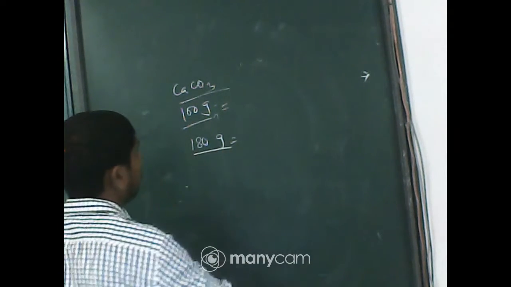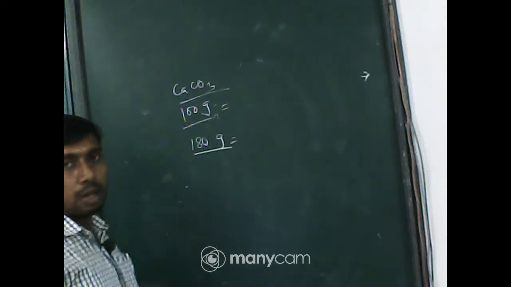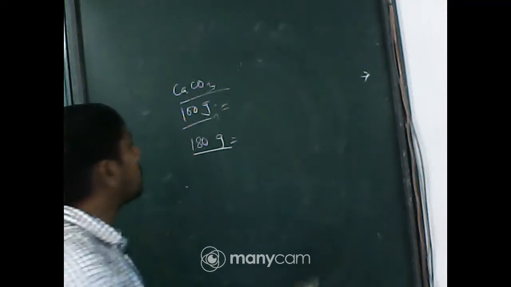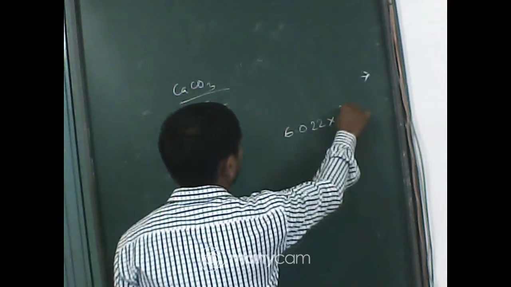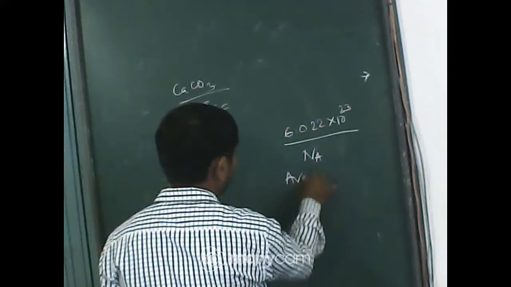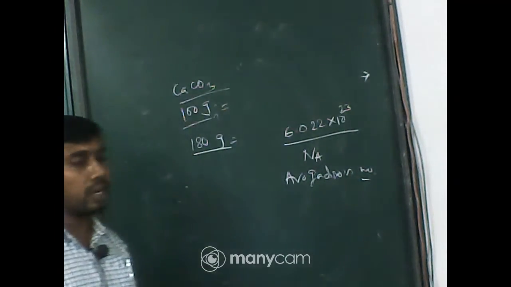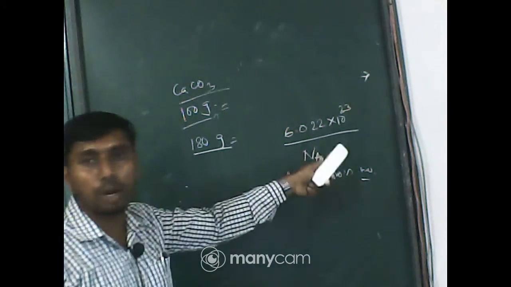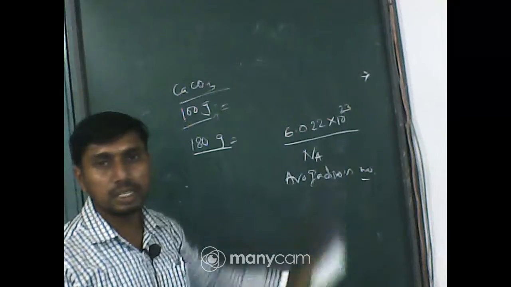So 180 grams of glucose contains the same number of molecules as 100 grams of calcium carbonate. It is equal to 6.022 into 10 to the power 23. It is abbreviated as Na, or Avogadro's number. So 100 grams of calcium carbonate contains this number of molecules, and 180 grams of glucose contains this number of molecules.